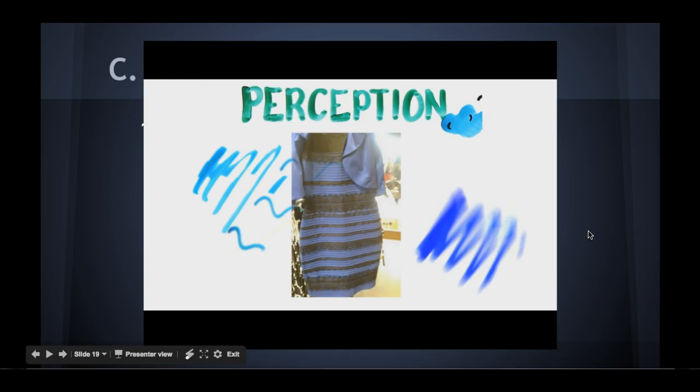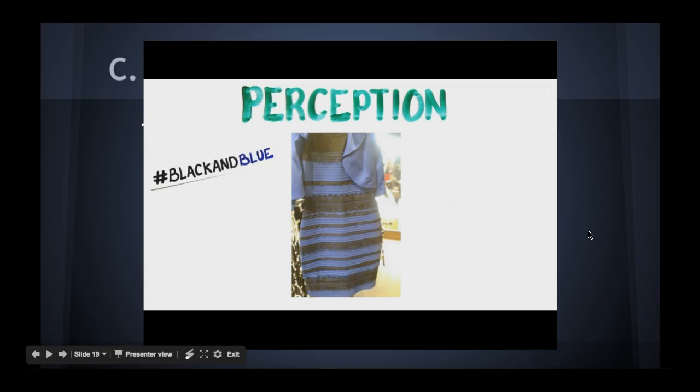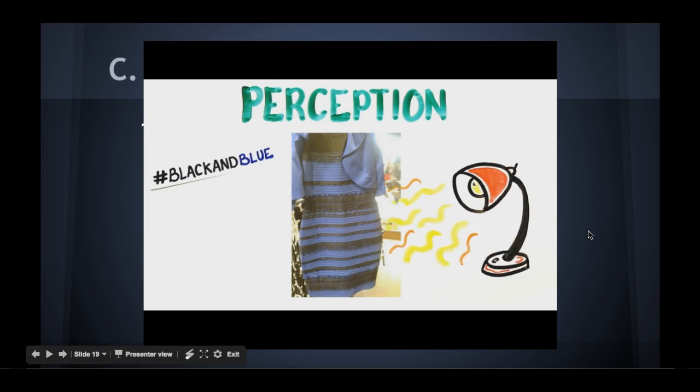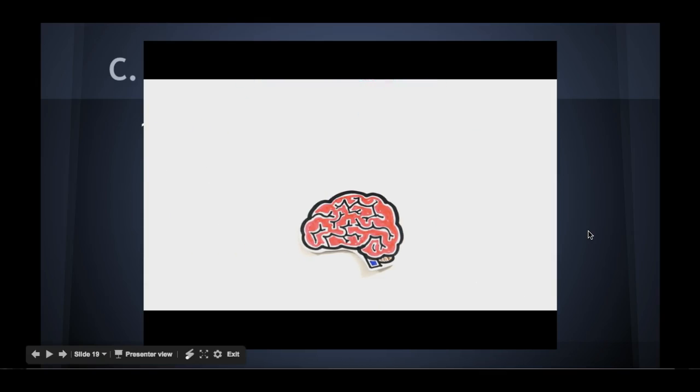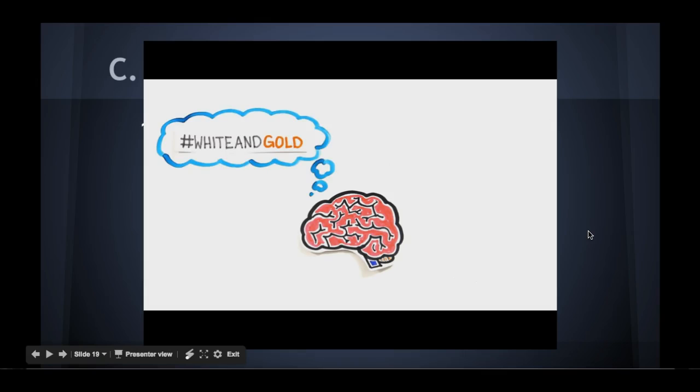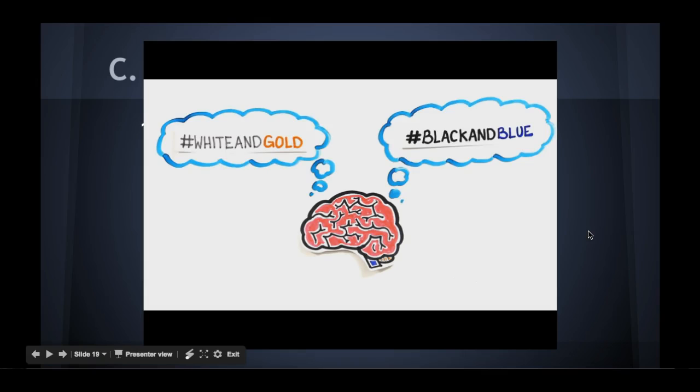On the other hand, the brains of people who see it as black and blue may be interpreting the dress in an artificially lit setting, like somewhere with yellow lights. As a result, the brain sees the gold as just a reflection off of the black and believes that the blue has been unaffected. Chances are that this image just happens to be perfectly ambiguous to our brain, meaning it all comes down to individual perception and even how and where you view the image.